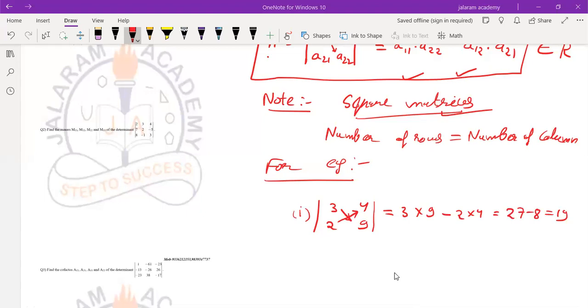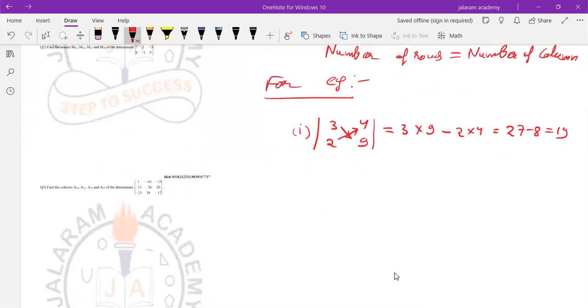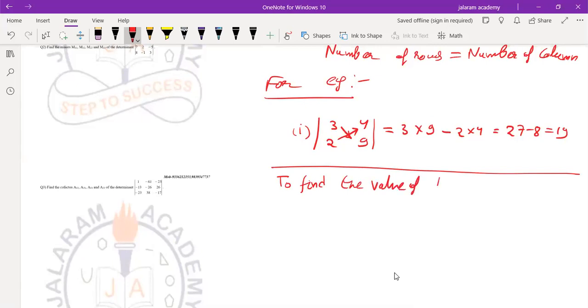Now we will discuss the method of finding the value of a determinant of order 3 cross 3. So write the next heading: to find the value of determinants of order 3 cross 3.